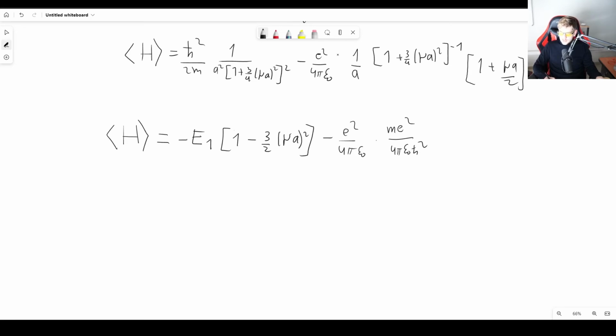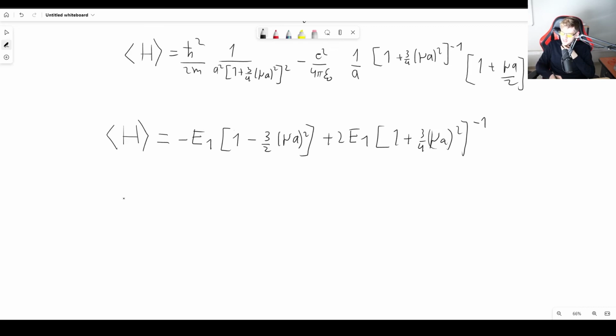Minus 2 times. So we can now, exactly as before, get rid of this and replace it with minus 2 times E1, so plus 2 E1. And now we plug in everything else. So then we have 1 plus 3 over 4 mu a squared to the minus 1.